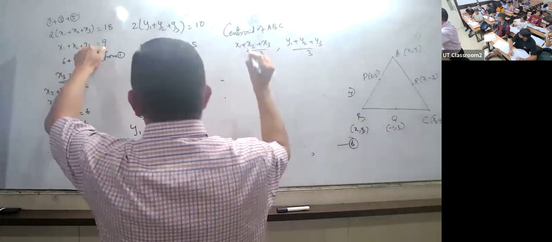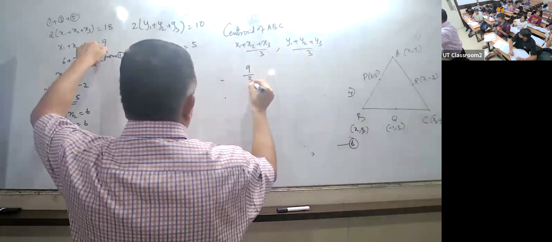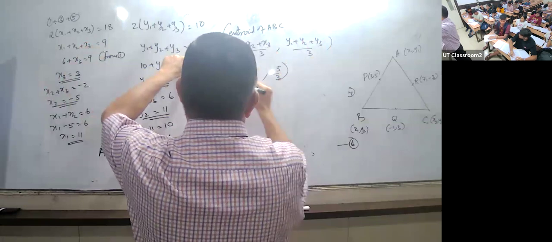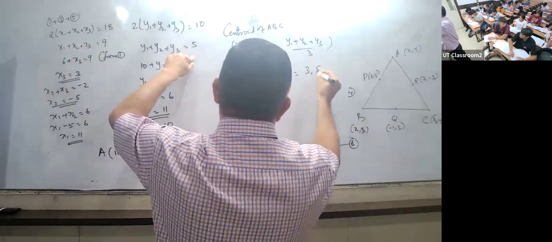Already you have x1 plus x2 plus x3 as 9, so 9 by 3. And this is 5 by 3. That is equal to 3 comma 5 by 3.